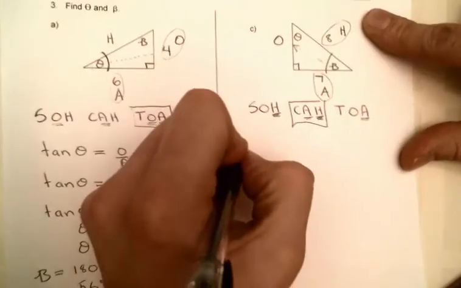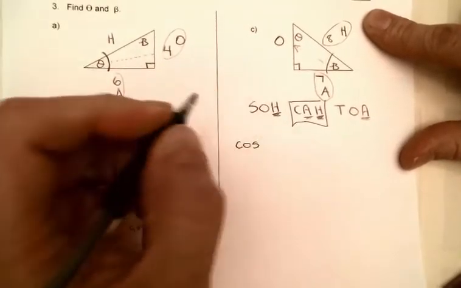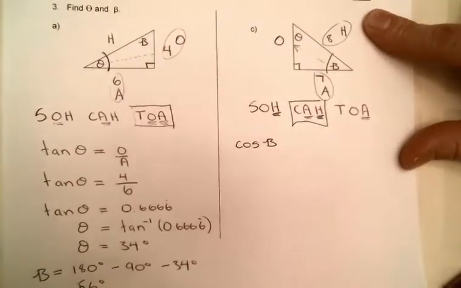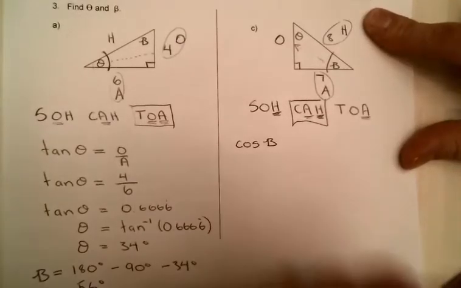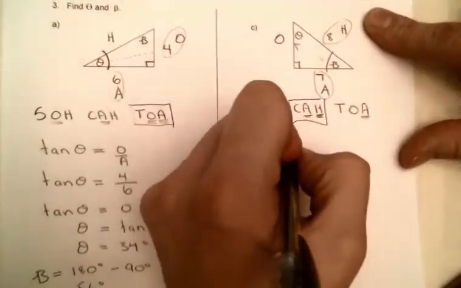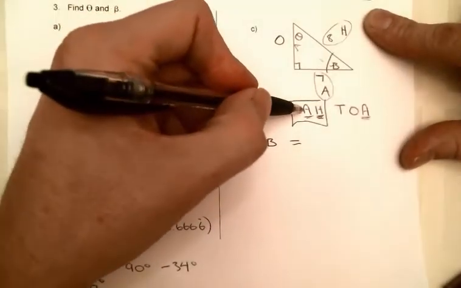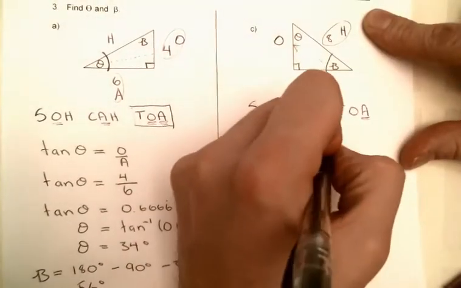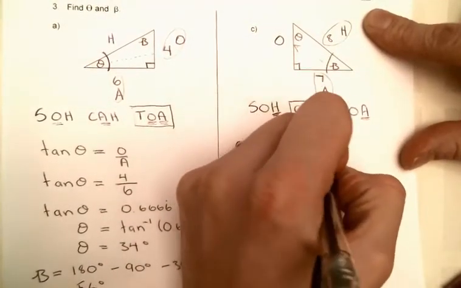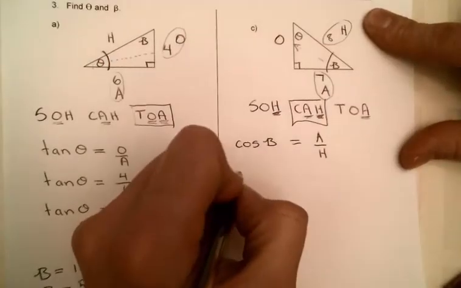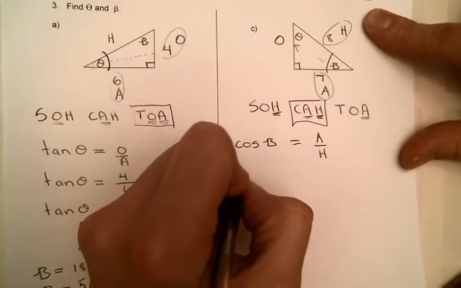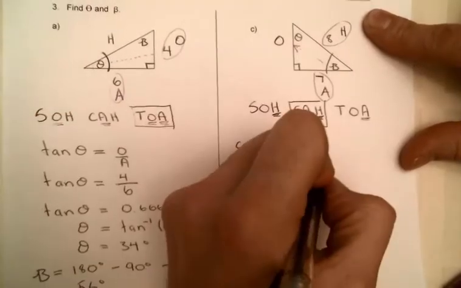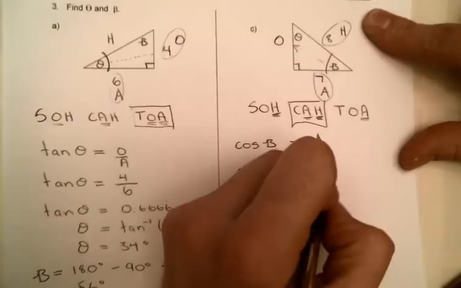So I'm going to write cos for cosine of this, not theta. I wanted to say theta, but it's cosine of beta, right? Because I'm referencing off beta. And the cosine is adjacent divided by hypotenuse. So it's A over H. And let's continue by replacing. A is 7. H is 8.